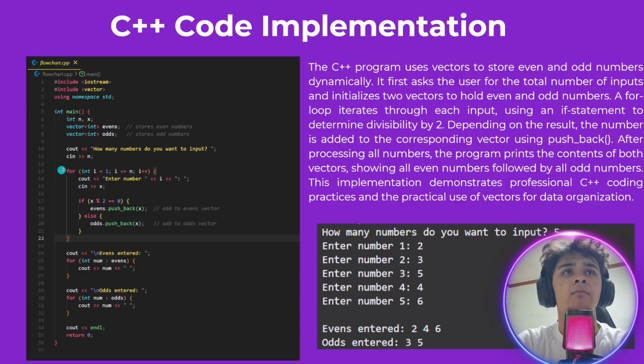Every time inside the loop we enter the number and it checks if it's divisible by 2 or not. If it is divisible by 2, we use the push_back function to append to this list, and the push_back function on odds to append to odds.